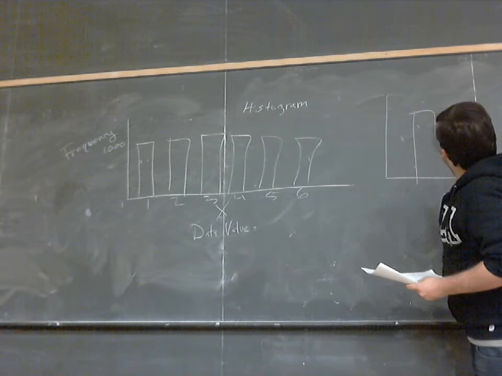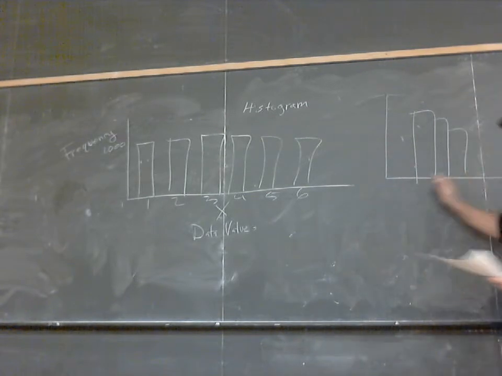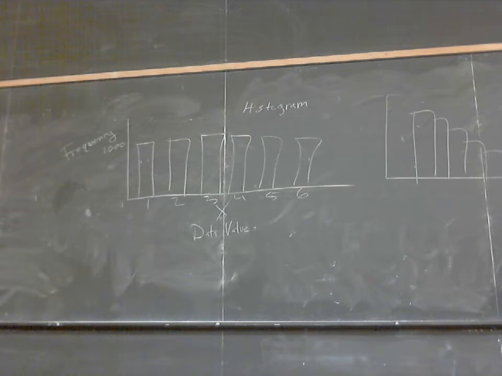A distribution that has the bulk of its data down here, but slowly declines in this positive direction, meaning as we get to higher and higher values, they're less and less frequent. What do we call this shape? Right skewed.